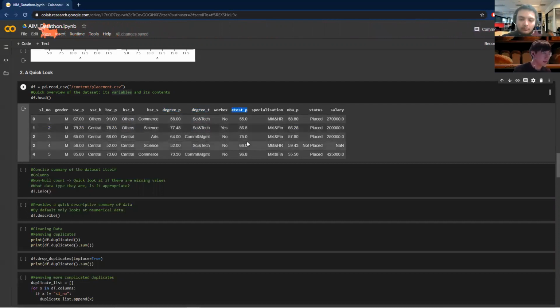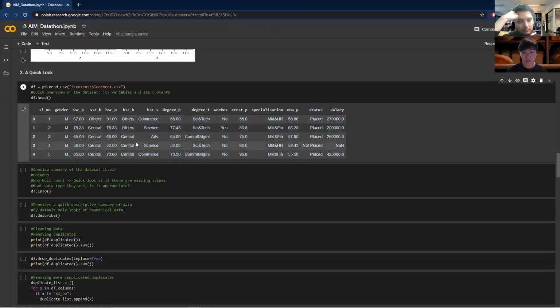And work X means work experience. E-test is what their exit test score was. Specialization is what they specialized in during their master's program. And then MBAP is their master's degree percentage. And then the final things are whether they landed a job and how much that job paid.